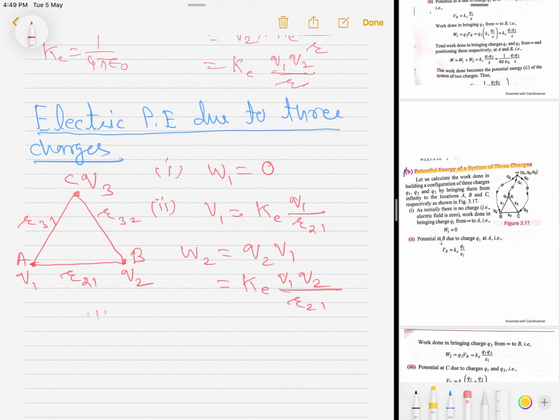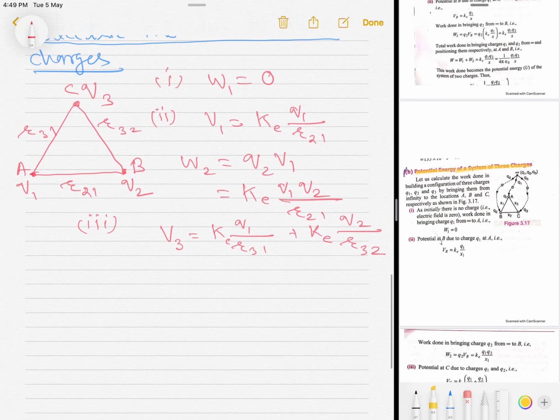Now, we want to bring the q3 charge from infinity to point C. So, electric potential will be produced by two charges q1 and q2, and V3 is equal to Ke q1 by R31 plus Ke q2 by R32.